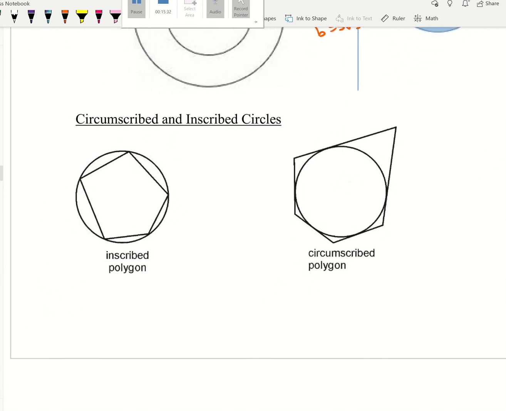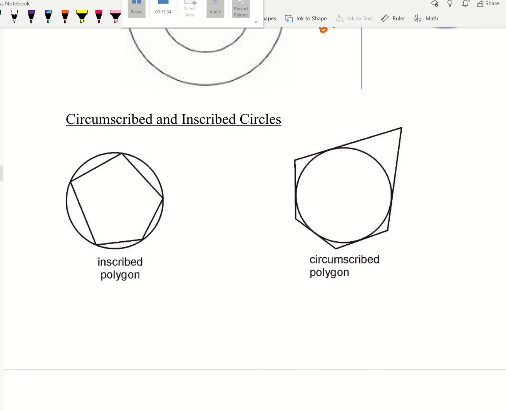All right, so a little bit of vocabulary that I want to share with you. I actually mentioned one of these terms earlier. They're called circumscribed and inscribed circles. We can also use that term with polygons. In what it means, inscribed you can think of as inside. Circumscribed you could think of like a circumference going around on the outside.